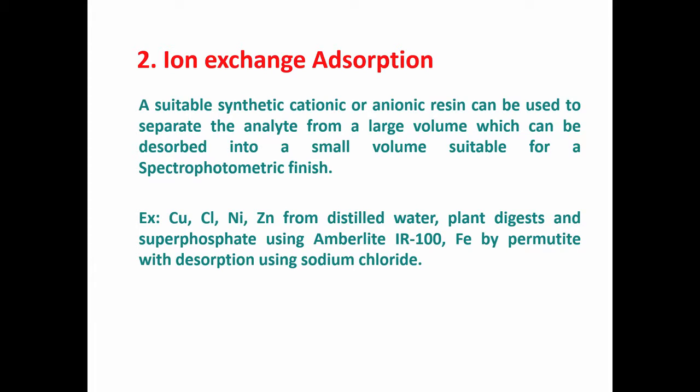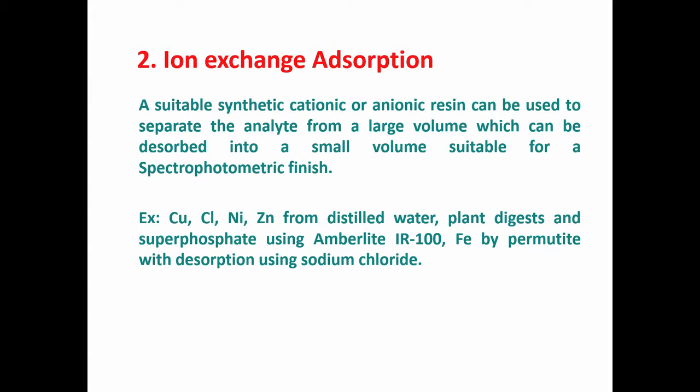Iron by permutit with desorption using sodium chloride is another method. For example, if you have iron in a given sample, you can use a little bit of permutit, that is a zeolite, shake it, and iron will go along with the permutit.